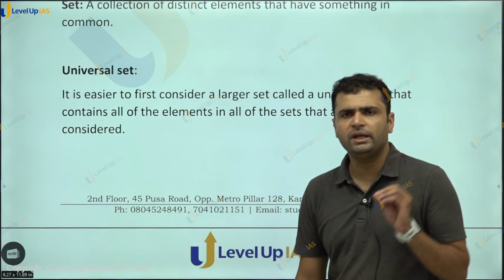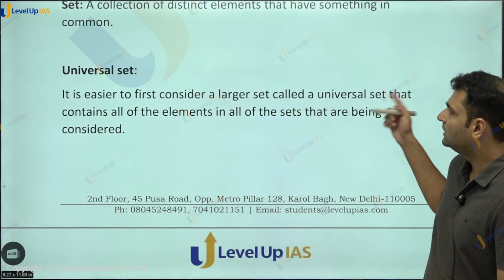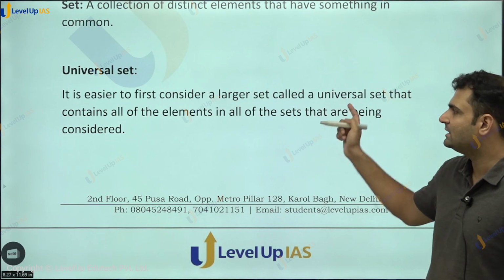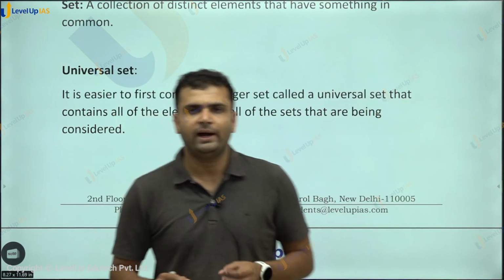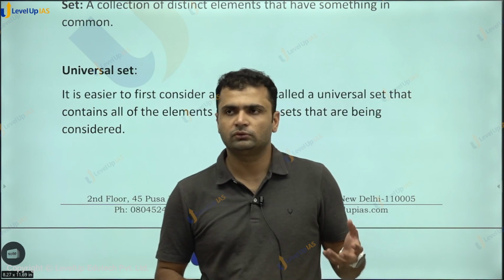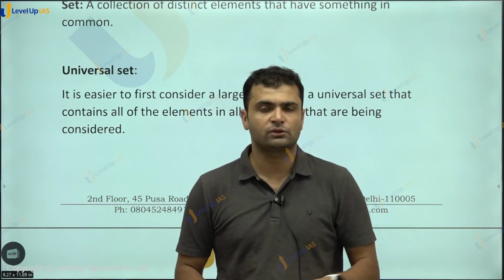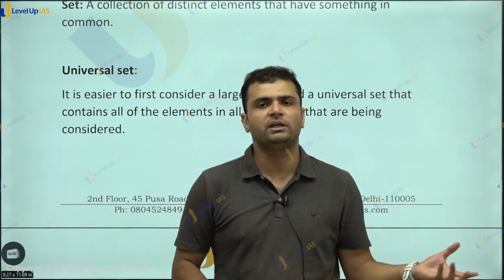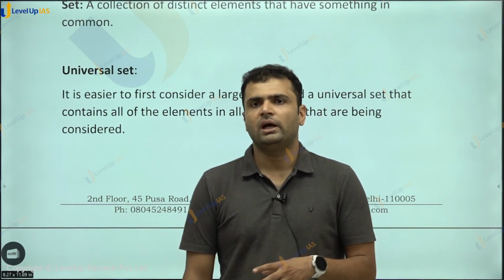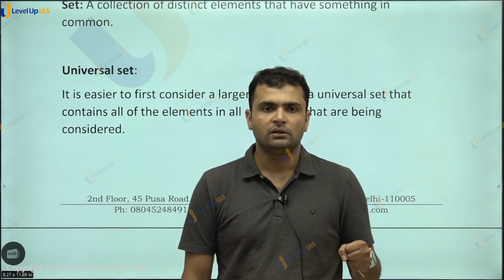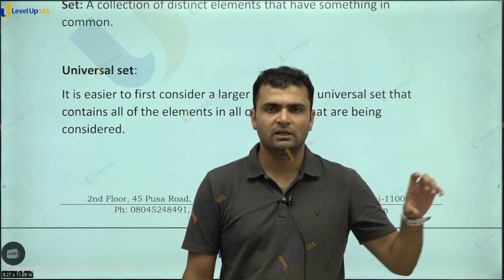Universal set. Whenever we are considering any question, it is easier to consider a larger set called universal set that contains all the elements in all the sets that are being considered. For example, if you are considering a school and we want to talk about how much marks the students are getting in each class. So class, let us say division A, division B, division C, division D, students are getting some marks, and if you are considering those students from these divisions, they become sets.